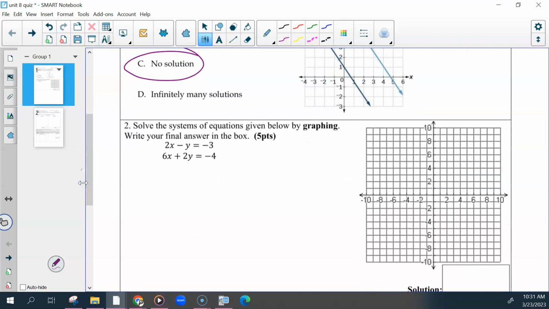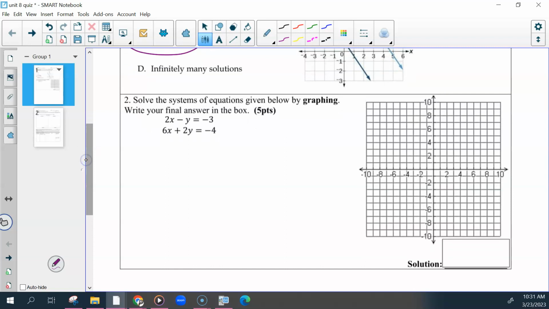For 2, you should have been solving this by graphing, so if you did anything but graph them, that was incorrect. So you should have solved both equations, got rid of the 2x by subtracting, got rid of the 6x by subtracting. We have negative y equals negative 2x minus 3, 2y equals negative 6x minus 4.